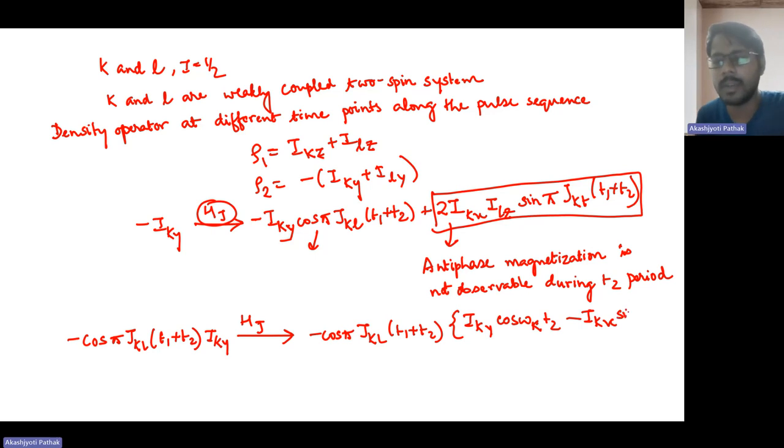And then sine omega K T2. Okay, so we will get this term.